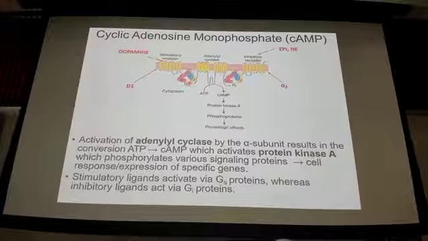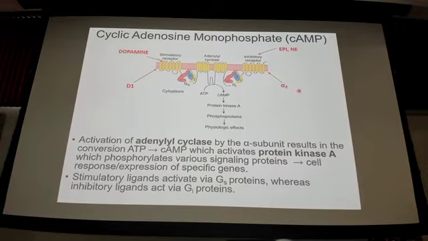Beta gamma will form a dimer. That alpha sub S subunit and GTP now would activate adenyl cyclase, which will convert ATP to cyclic AMP, and also trigger protein kinase A and a whole bunch of other proteins in that cascade to exhibit a particular physiological effect. Does that make sense?